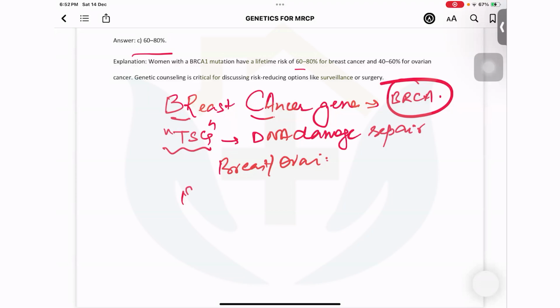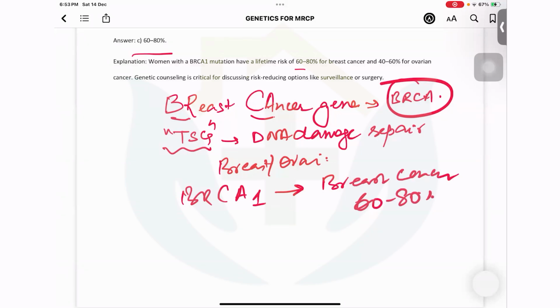All right. So BRCA1 mutation, breast cancer lifetime risk is 60 to 80% and high chance of TNBC, that is triple negative breast cancer.